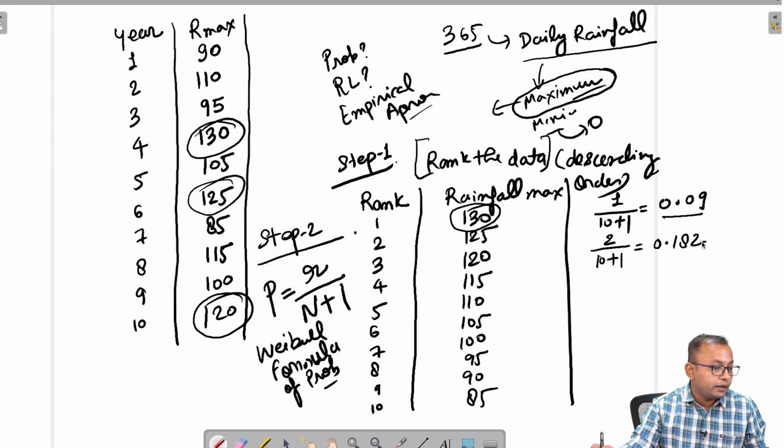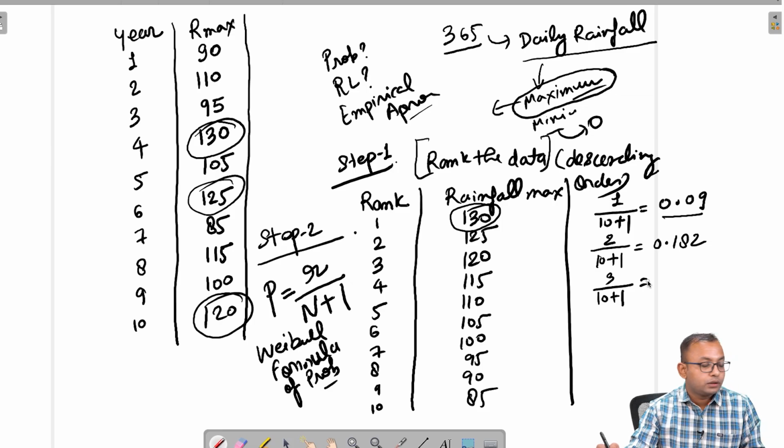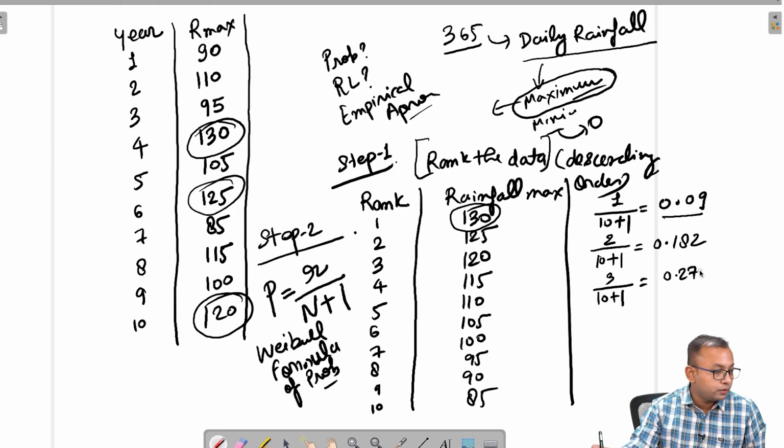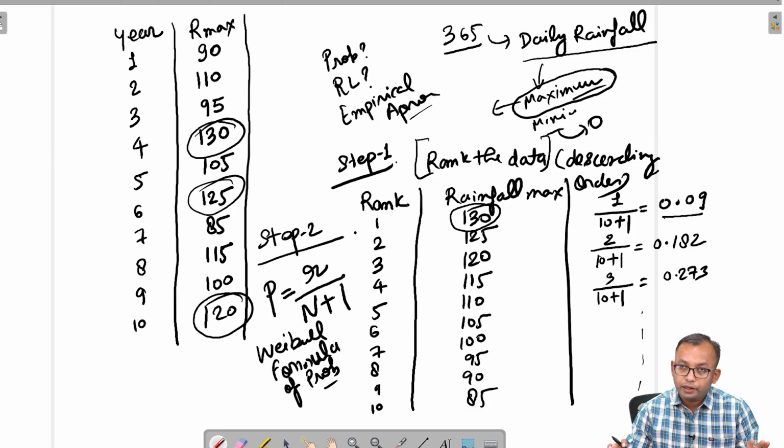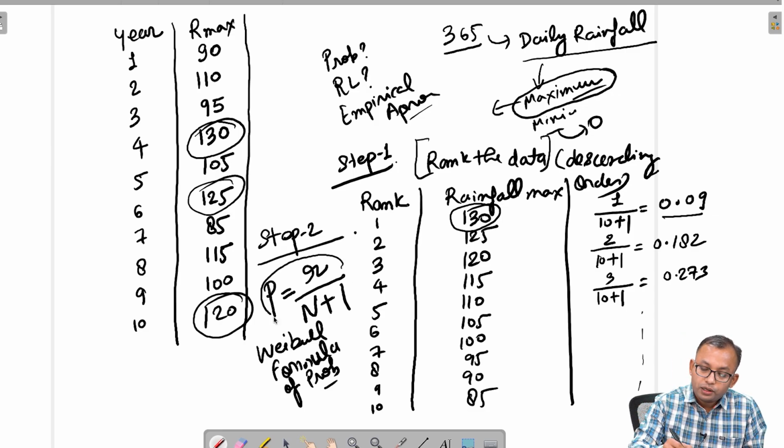Then for the third event, 3 by 10 plus 1, that is 3 by 11, coming out to be 0.273.